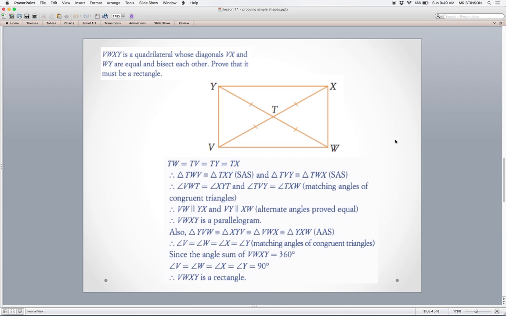Looks pretty messy, but this would be the full proof to show that this whole shape is a rectangle.